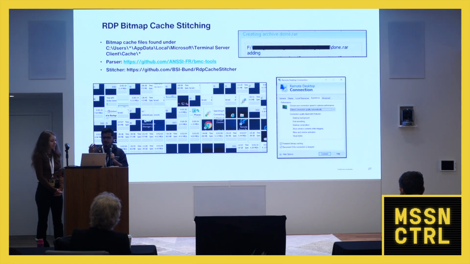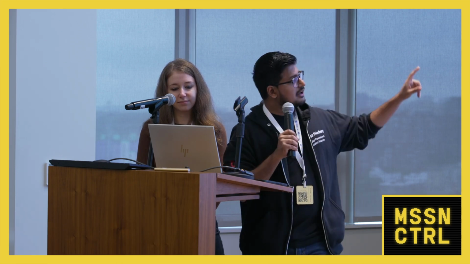You can use open source parsers like the one I've listed on the slide, and that'll give you something like this, which is completely unorganized, not in order, and it's the examiner's job to stitch it back together to make sense of what might have happened in an RDP session. On the top right, that's something we got from a real case where we saw a threat actor zipping up sensitive files into a file called done.rar. We'll cover more on this artifact in a little bit, but it's a very, very interesting artifact.